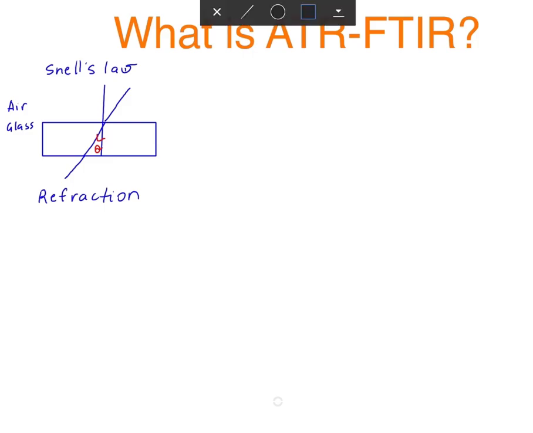We have our glass again, the same, and we also draw this horizontal and this imaginary vertical line.